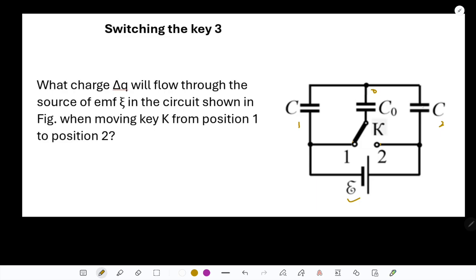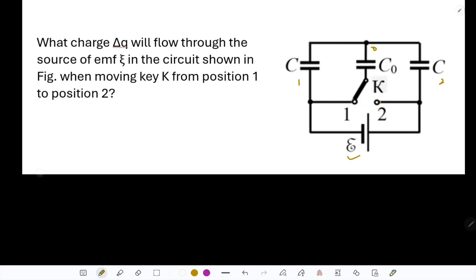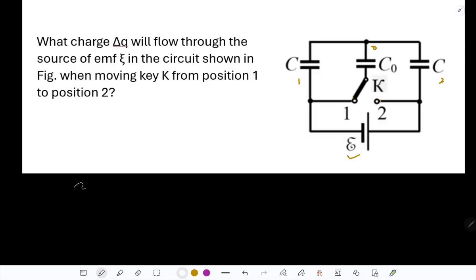These two are in parallel and this with this in series. We can simplify the equivalent capacitance this time, and it will be (C plus C0) divided by (2C plus C0). I know you can find it.